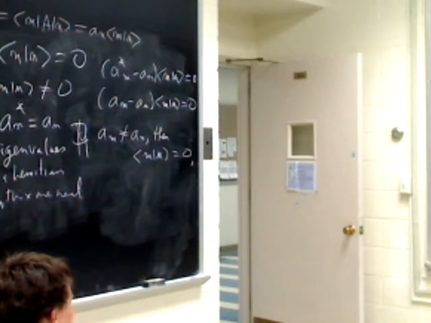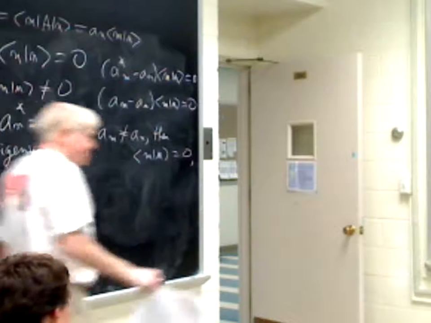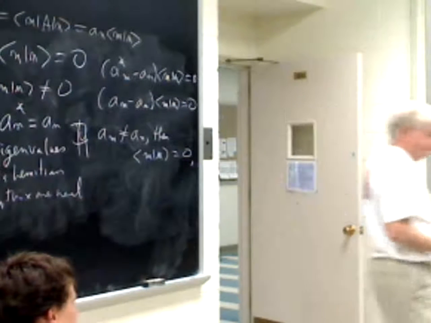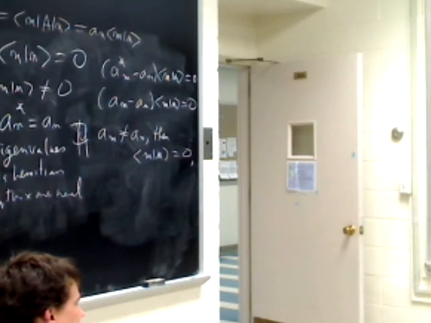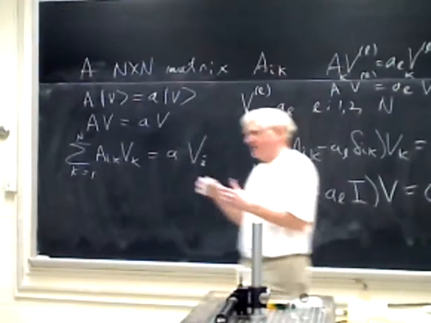For example, in the hydrogen atom, you have spherical symmetry. Also, there's a hidden symmetry, but never mind that.